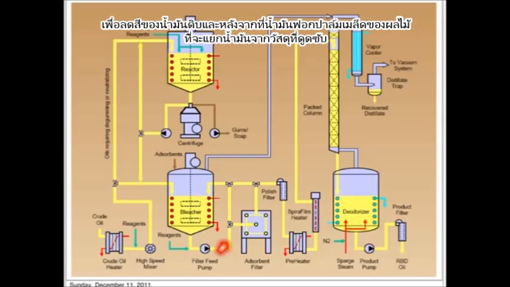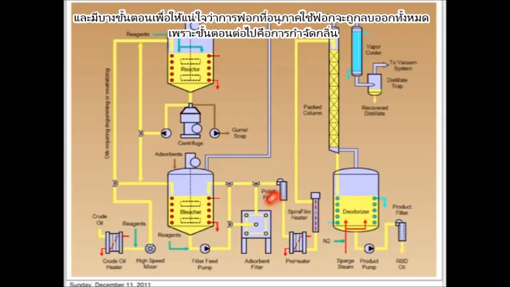After the bleaching, the oil will be pumped through a series of filters to separate the oil from the adsorbent material, and perhaps some polishing step to ensure the spent bleaching earth particles are removed completely, because the next step is deodorization.